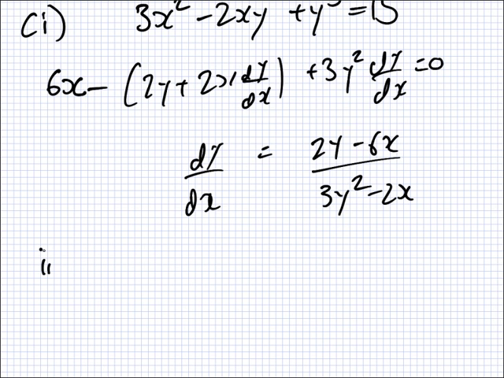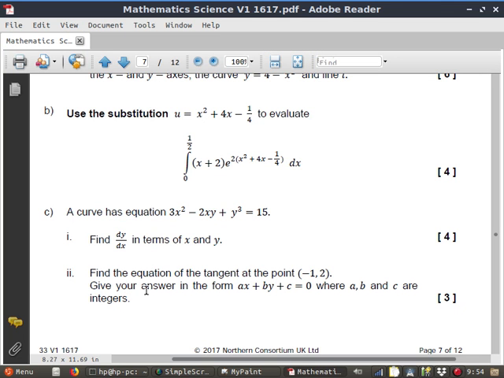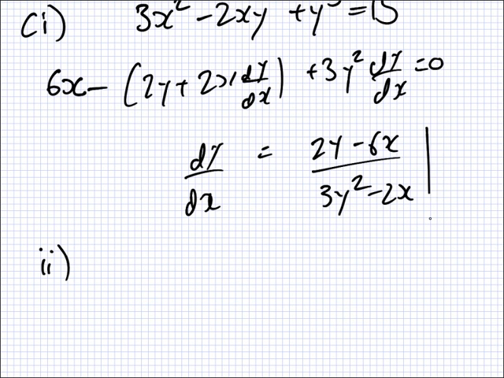2. Find the equation of the tangent at the point minus 1, 2. Okay, so if we sub in minus 1, 2, what do we get? We'll get, let's see, 4 plus 6, 10 over 12 plus 2, 14. So that's 5 over 7.